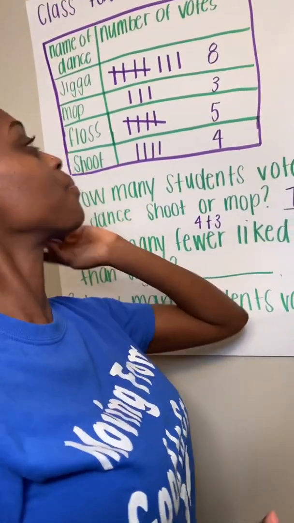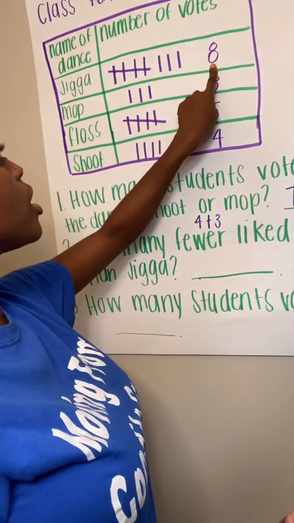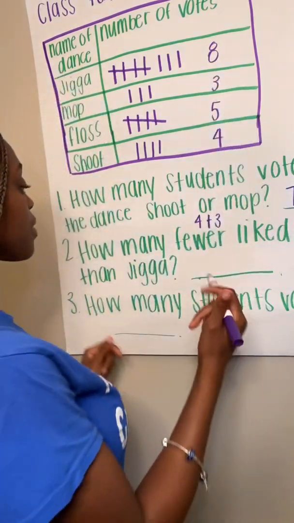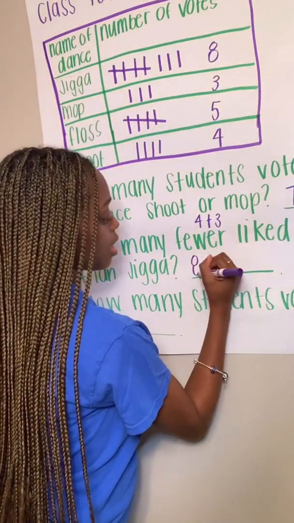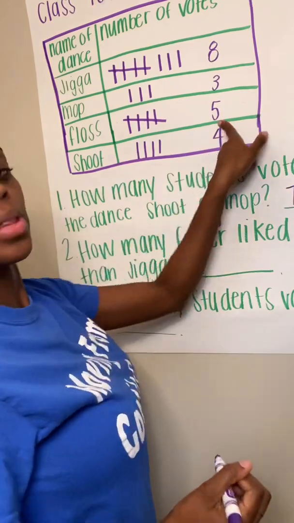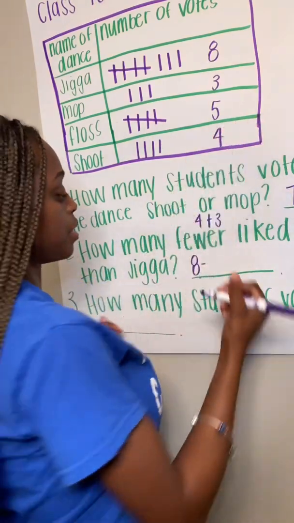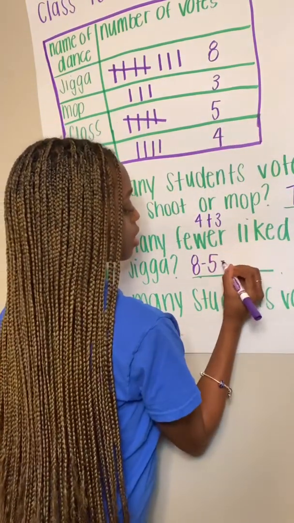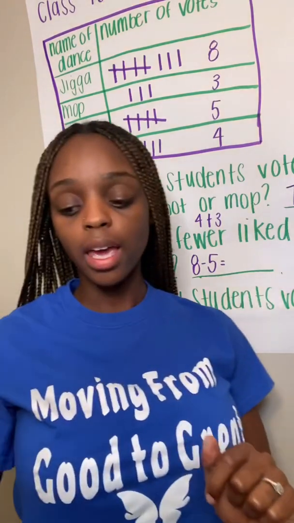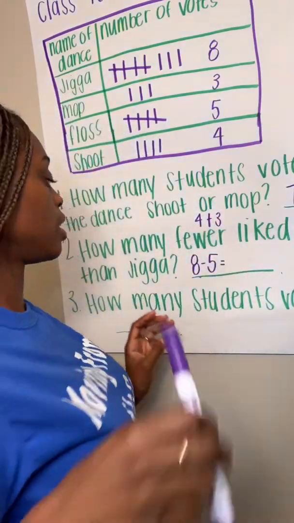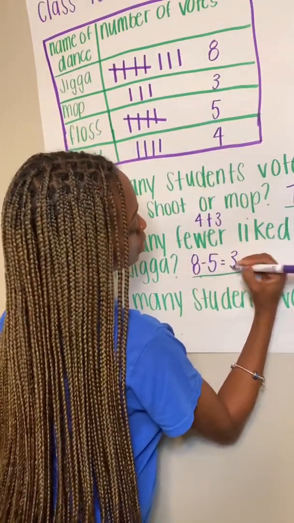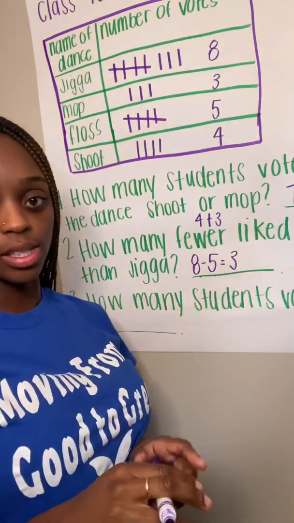The amount of people that liked Jigga was 8, to the amount of people that liked floss, which was 5. So, if we take 8 and we take 5 away, there were 3 fewer students that voted for floss than Jigga. So that is our answer.